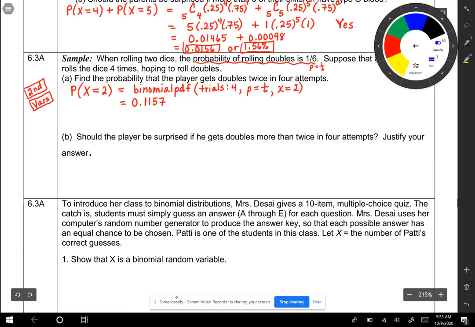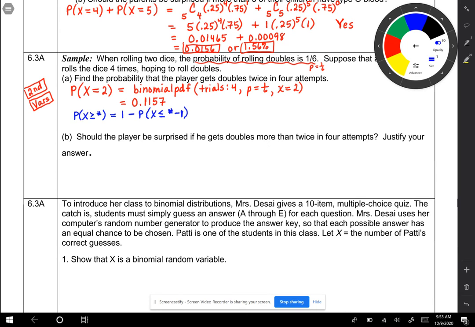What happens if it's greater than or equal to a number? Before you even go to the second vars menu, you need to put the 1 here first in your main screen, because you're going to do 1 minus the probability that x is less than or equal to that number minus 1. We'll do an example.